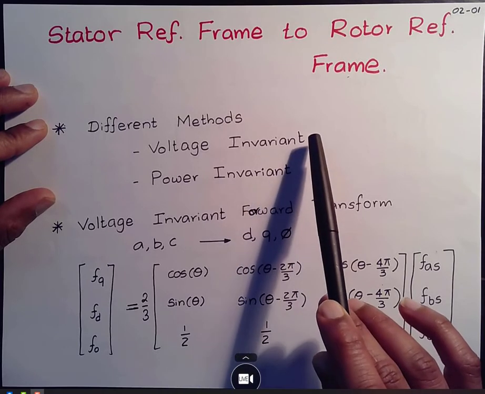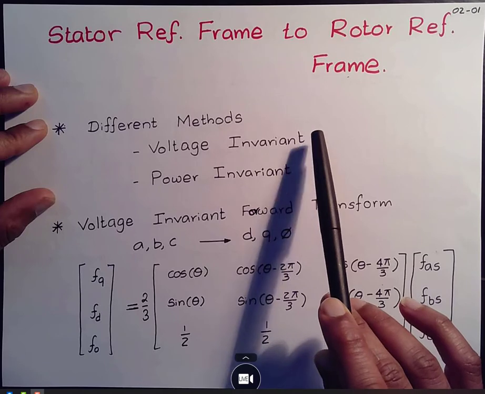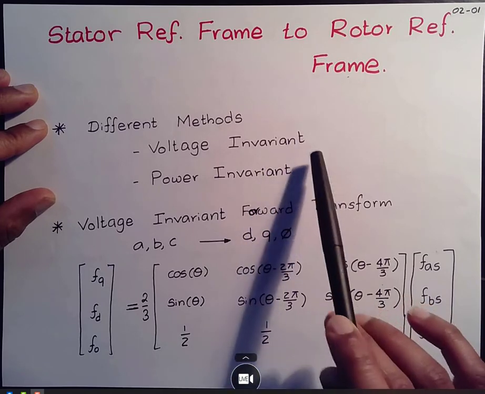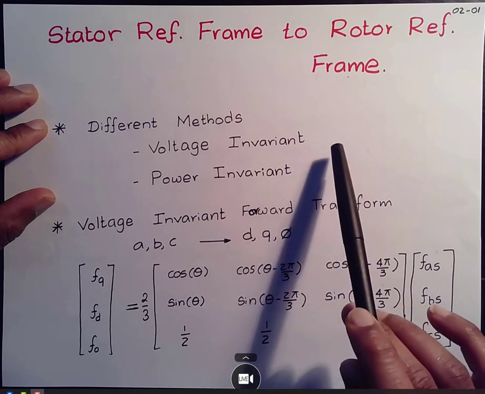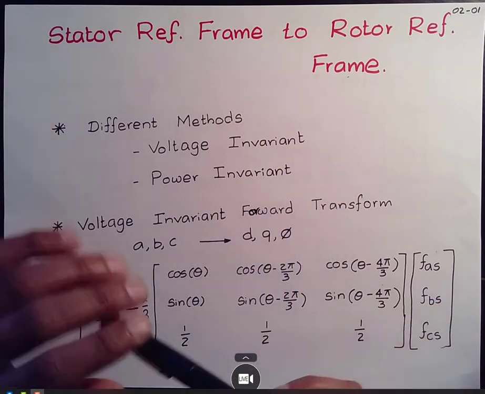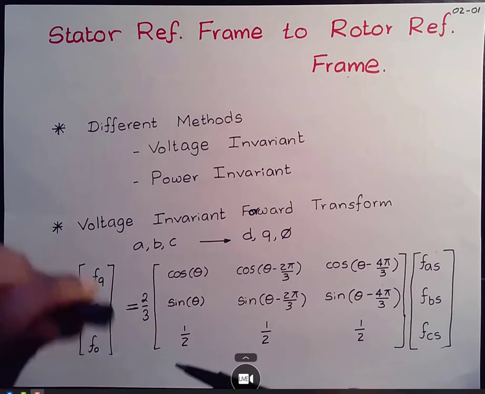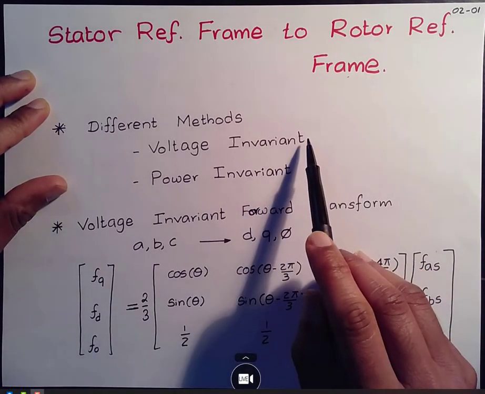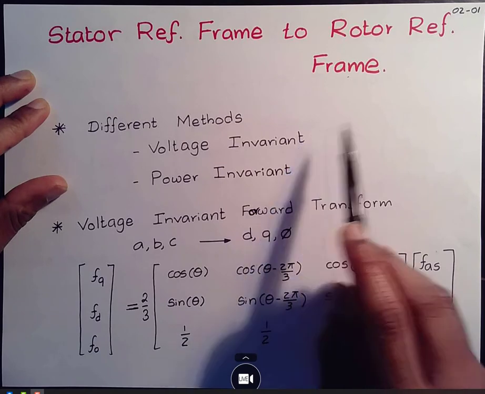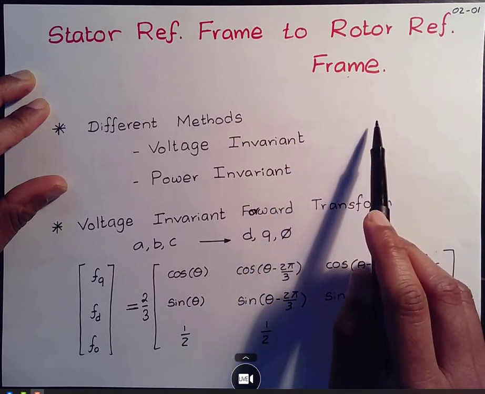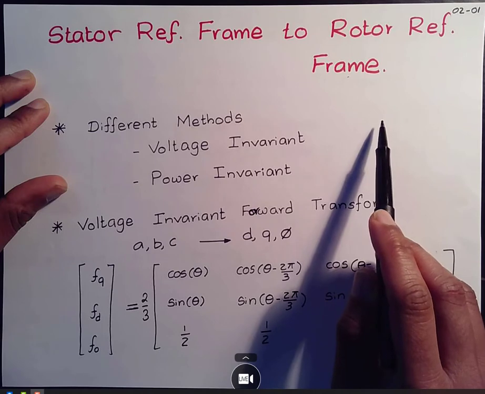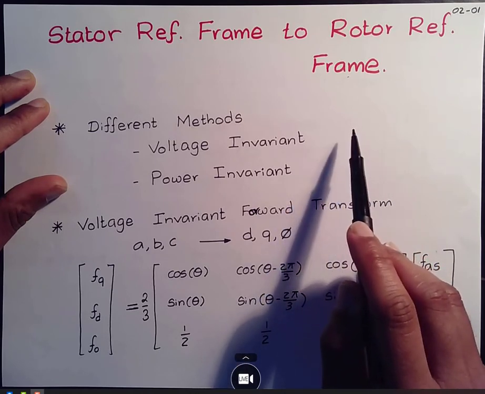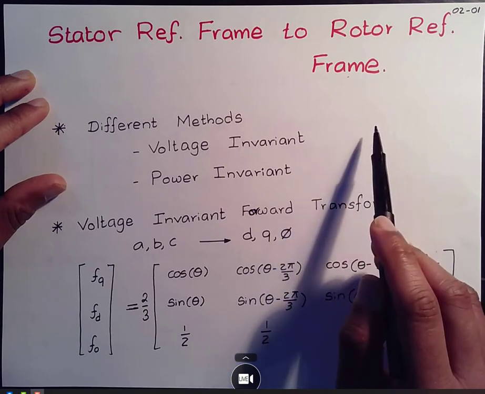And we're going to be talking about a voltage invariant method because these implementations, these models and the controls that we are applying will need to have an accurate knowledge of the voltage signals that are being applied in terms of the stator reference frame, in order to know what the exact values are.